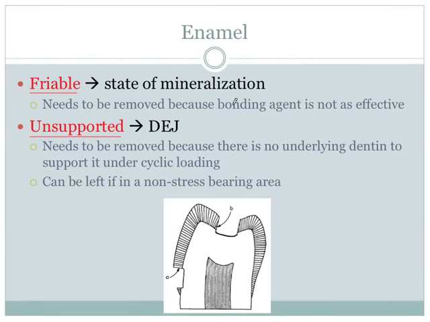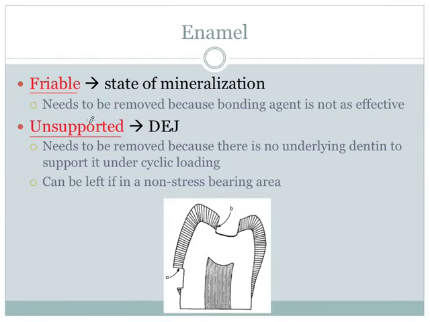It's basically like a ceramic that's made of mineral like hydroxyapatite, and when the enamel is attacked by bacterial acids, the mineral starts to dissolve, and the enamel becomes porous. And instead of looking translucent, it starts to look a little bit chalky white. And this is where we're starting to get into friable enamel territory, and it needs to be removed not only because it's weaker and more prone to further damage, but the bonding agent when we fill the tooth won't be as effective.